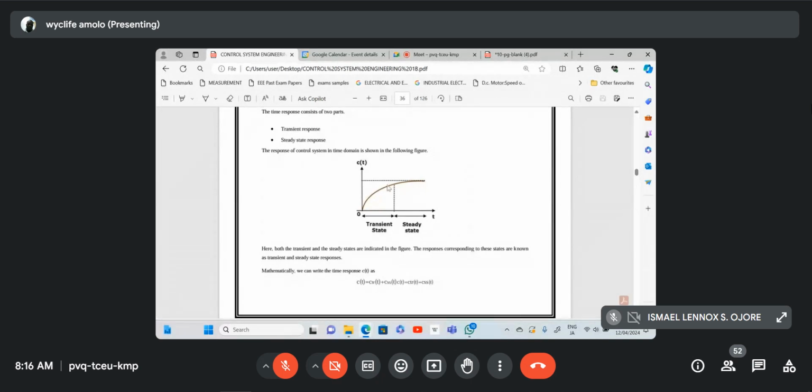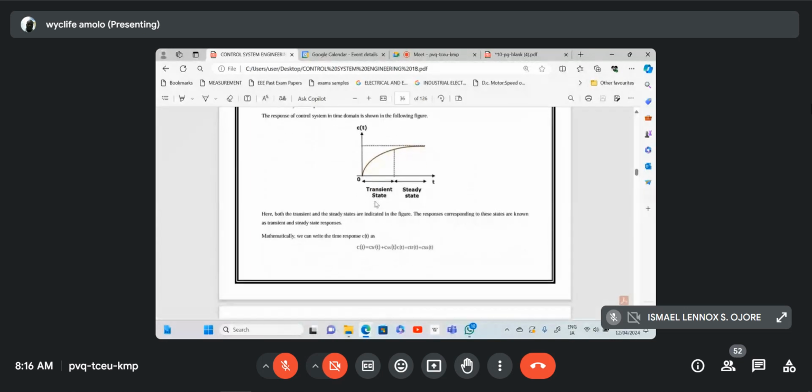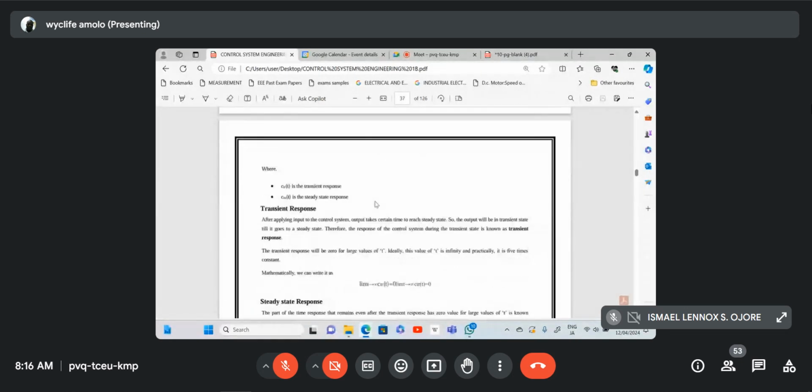So the 90% of the signal is on a transient state, and the others is on a steady state response.